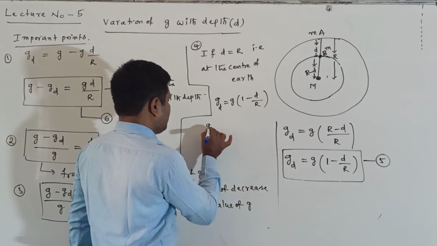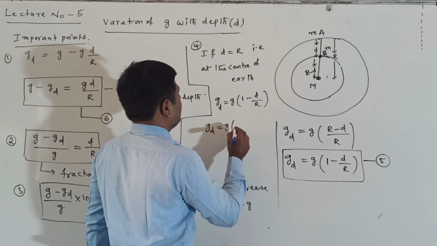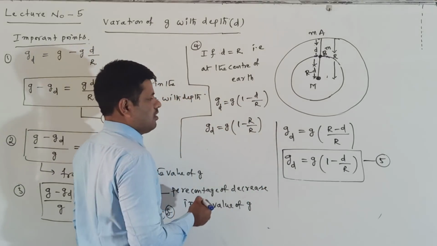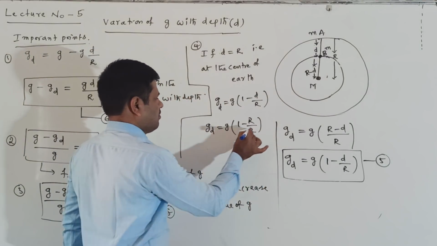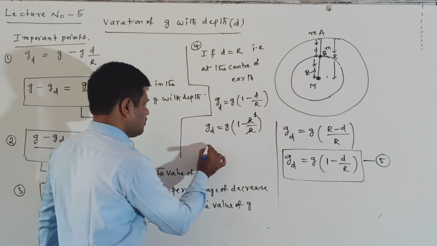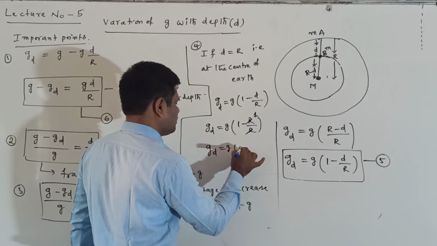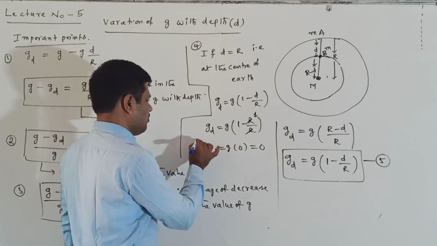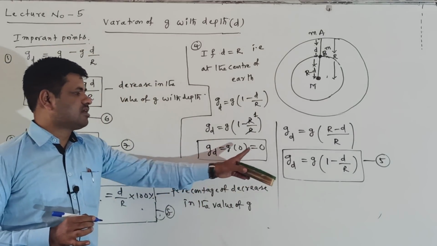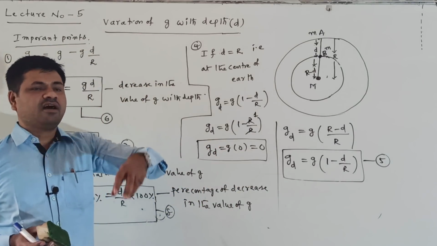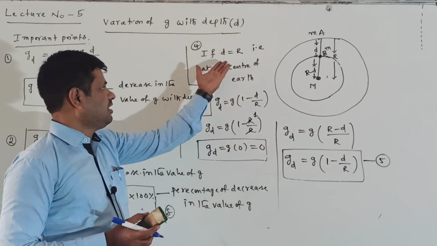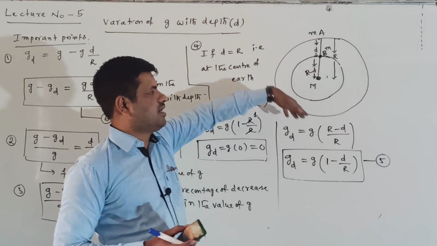Now gd is equal to g into 1 minus d equal to r by r. Here r by r is equal to 1, so 1 minus 1 equals 0. So gd is equal to g into 0, which is 0. This means at the center of the earth the gd value is equal to 0, because d equals r, the depth is equal to the radius of the earth.